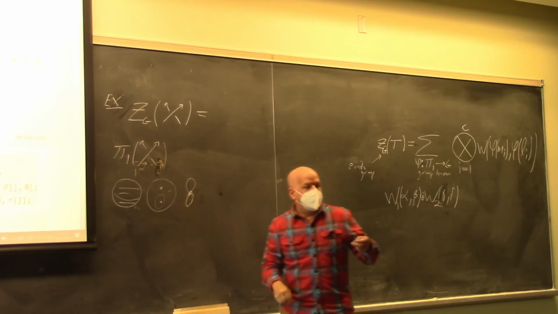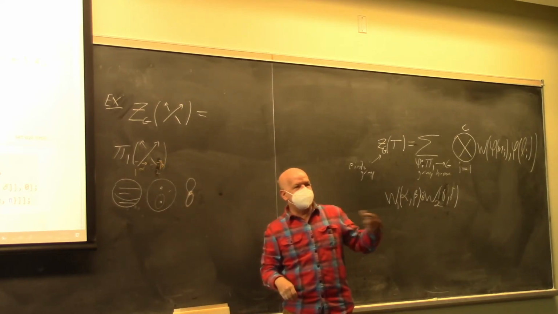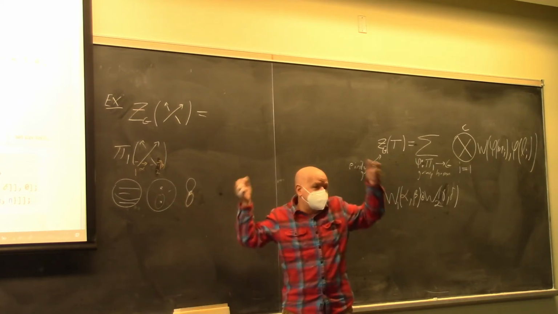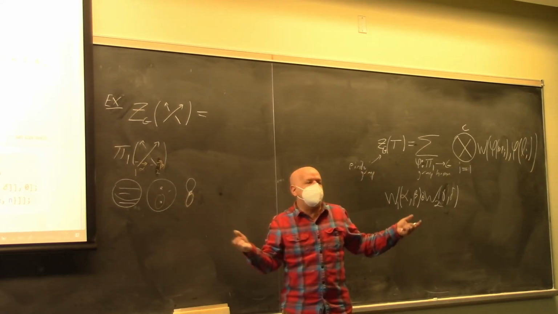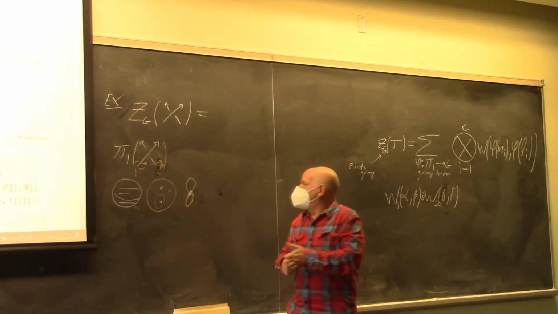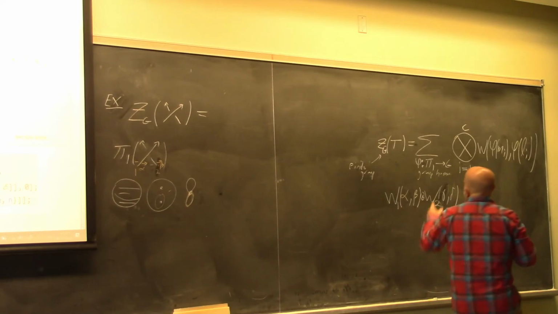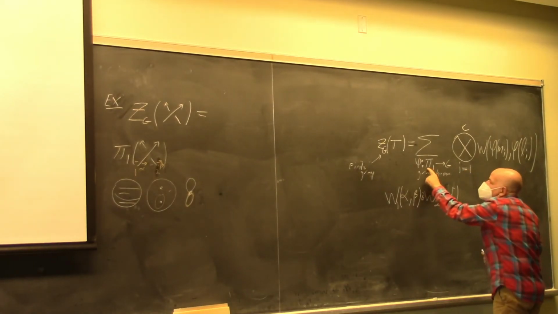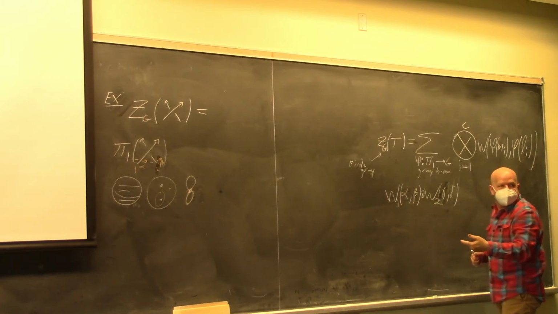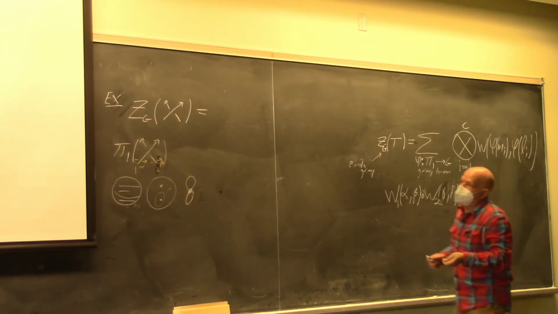Now, what is a homomorphism out of a free group? A homomorphism out of a free group, you just set where the generators go, and there are no relations. So a homomorphism out of a free group is just a summation over alpha and beta. Where do alpha and beta go?